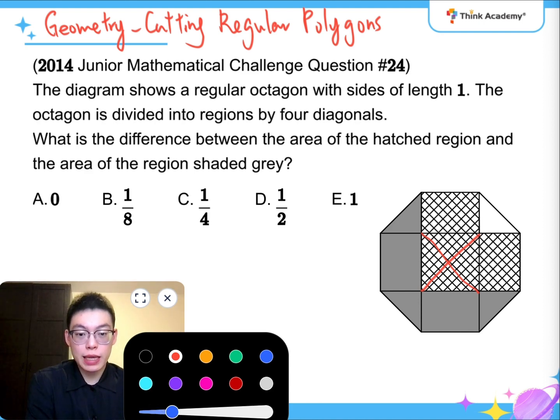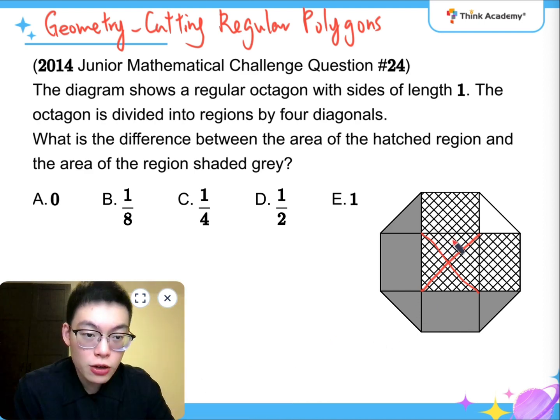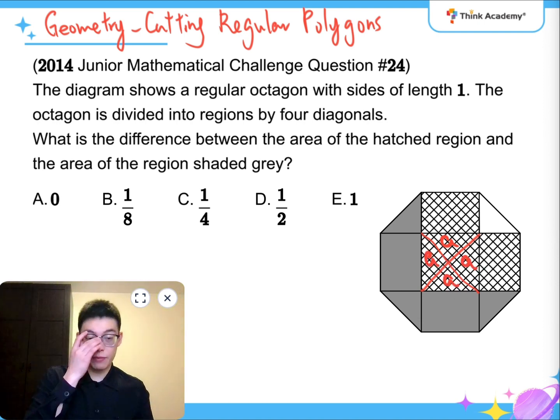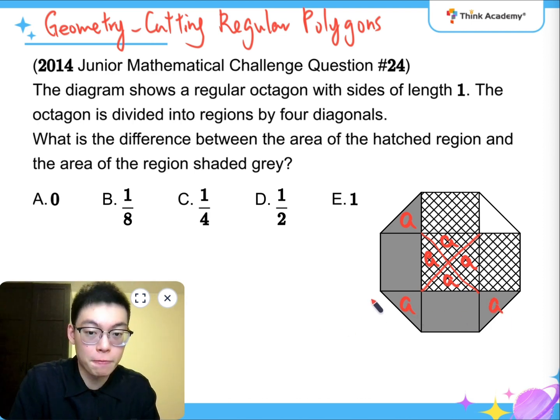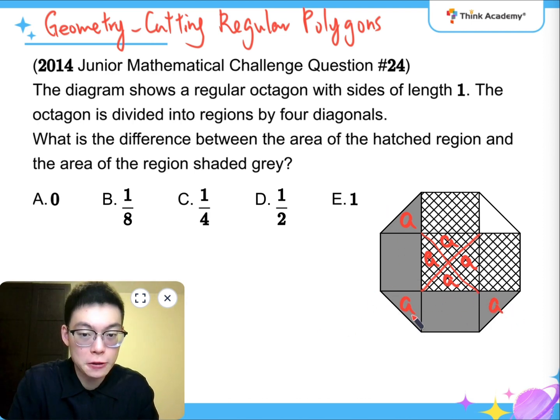So after doing that, I get 4 triangles, and let's say each of them has an area of A. These 4 triangles will be the same as these 3 triangles. Each of them will be the same as these 3 triangles because they all have the same base, which is the side length of this regular octagon, that is 1.